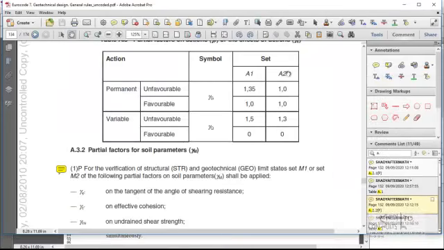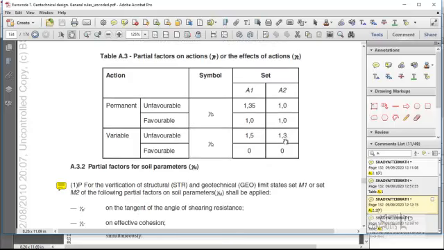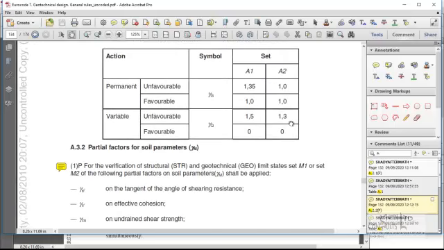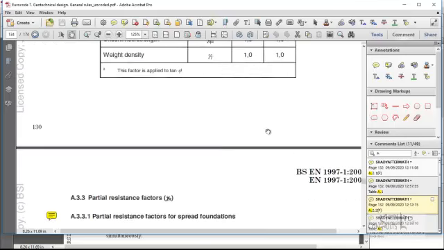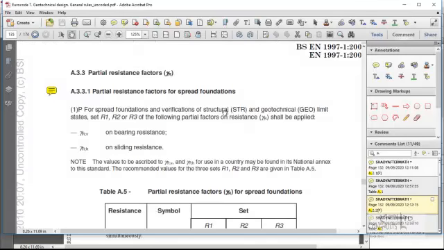Under the geotechnical and structural limit states, we are checking the unfavorable sliding forces against the resistance of the soil and of the foundation against sliding.